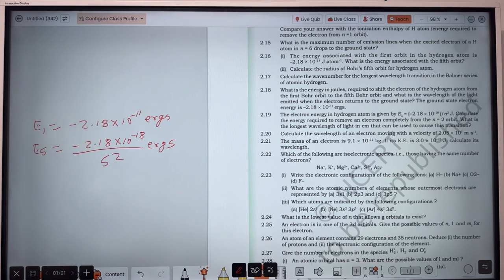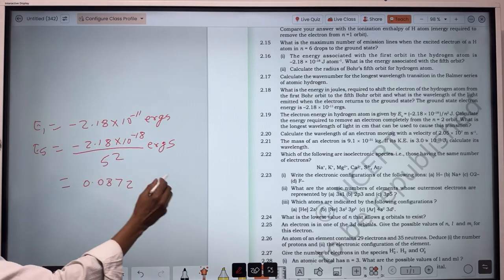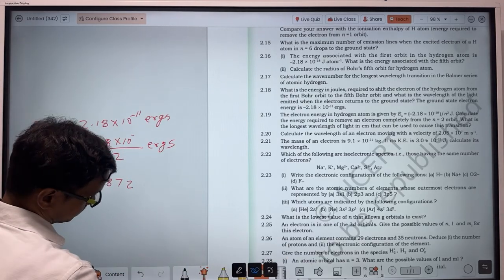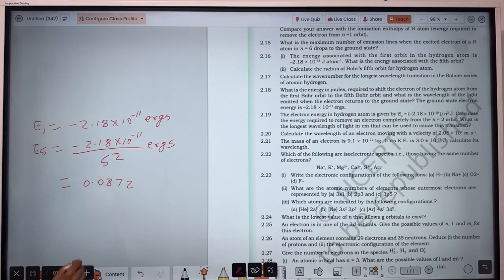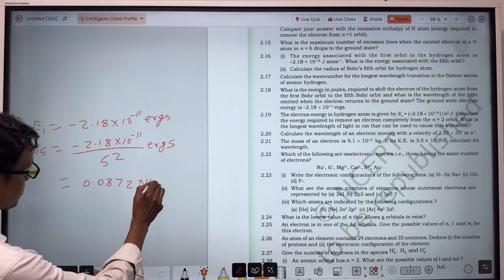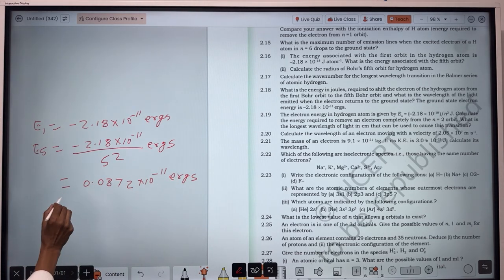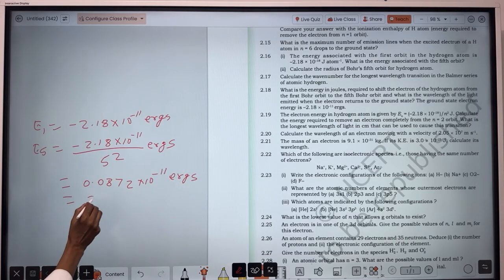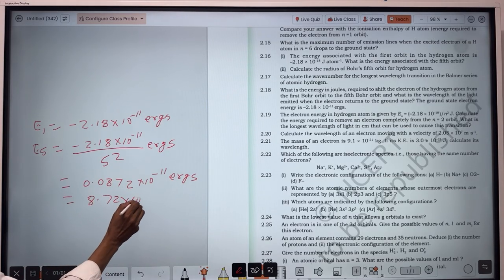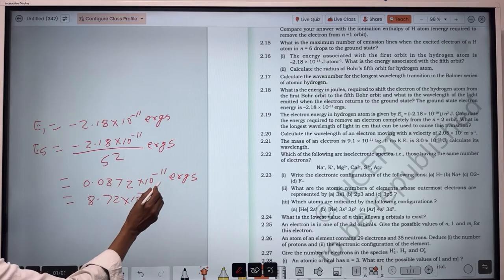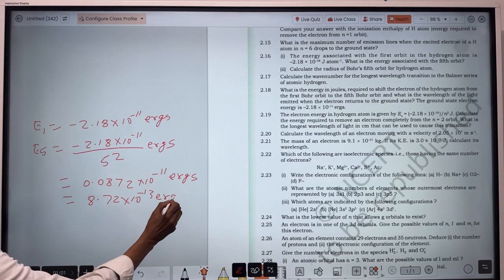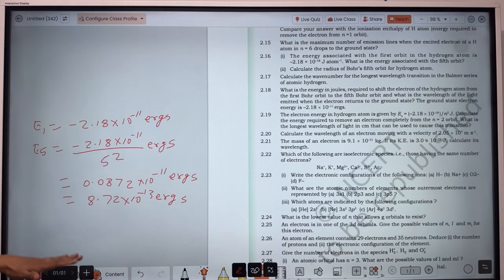So 0.0872. Guys, here it is not 11, in ergs that will be 11. So this is 0.0872 into 10 to the power minus 11 ergs. So that, on this side we multiply, so we divide also. So 8.72 into 10 to the power minus 13 ergs.